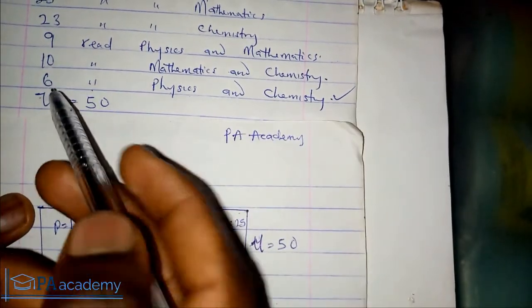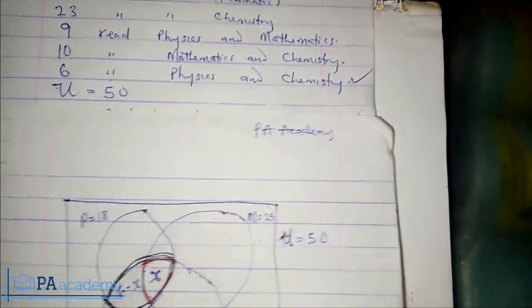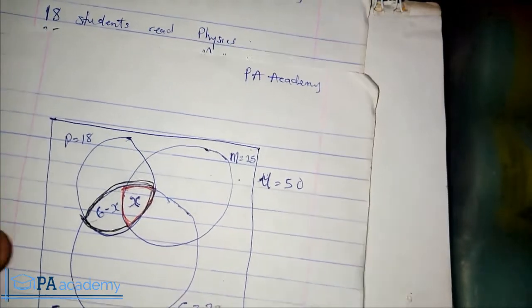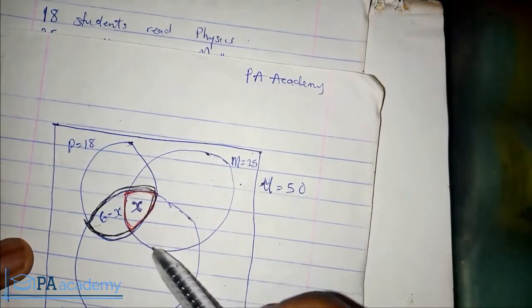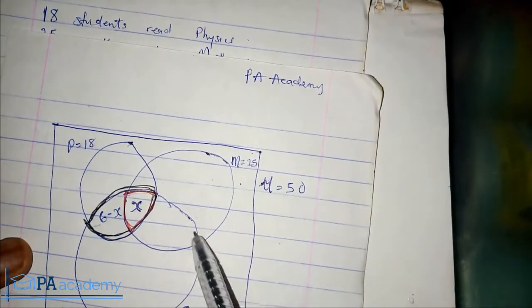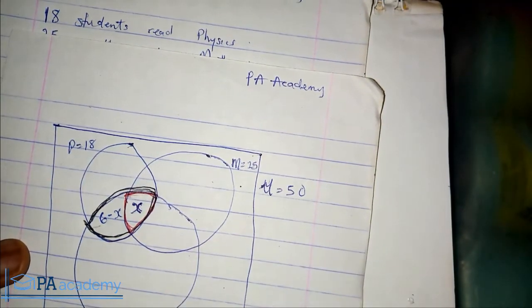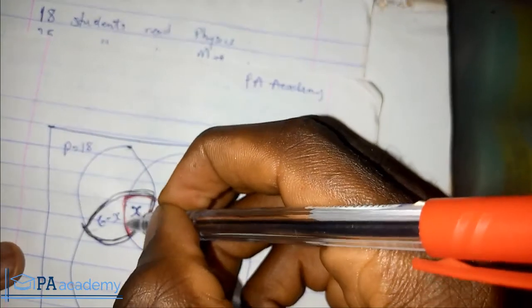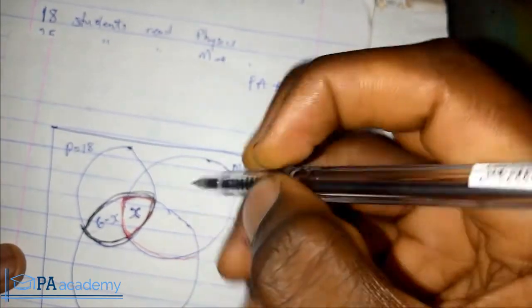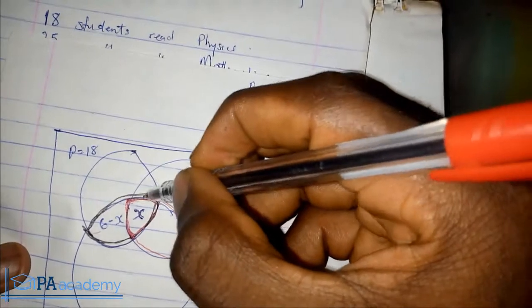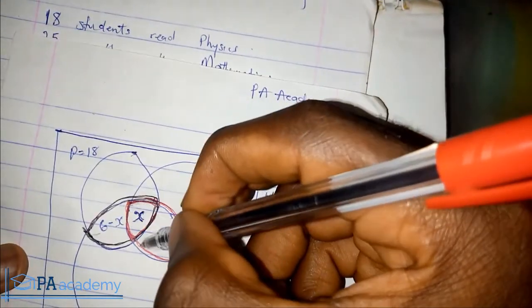Then the next one is what? 10 read mathematics and chemistry. So let's look at that of mathematics and chemistry. This is the circle that represents mathematics, and here represents chemistry. The part that reads chemistry and mathematics is here. So this is the section that represents mathematics and chemistry.